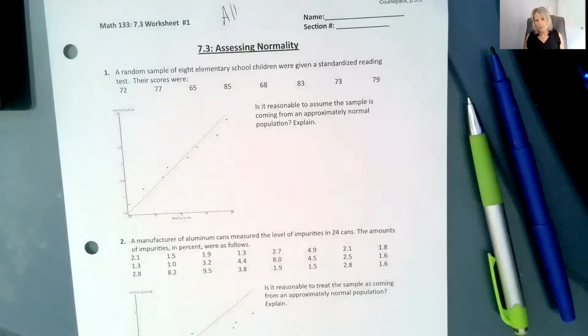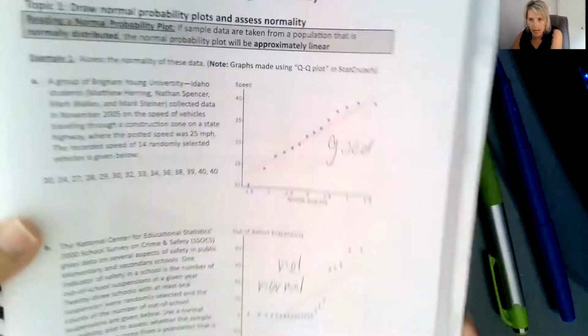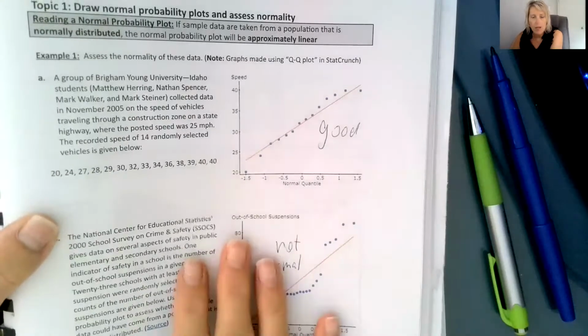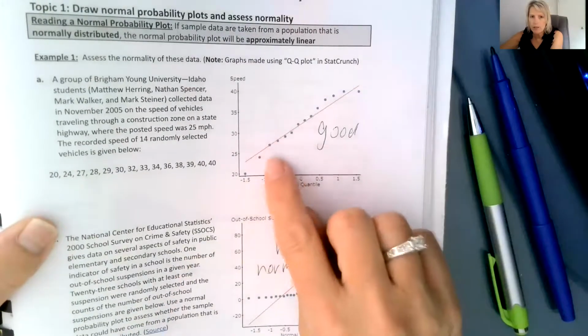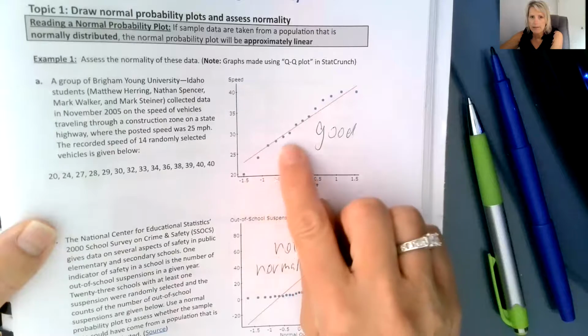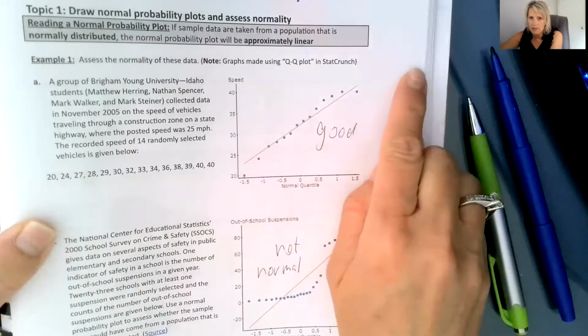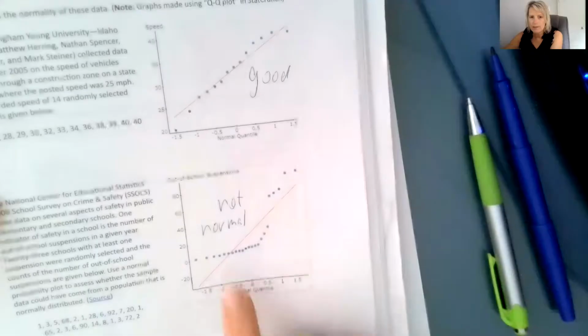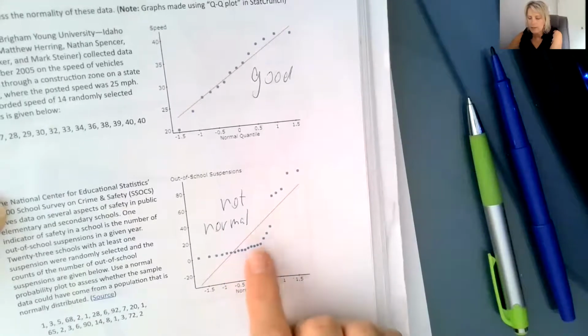If you need to assess normality, you're going to learn when you need to do this in chapter 8, actually. So if you have a small sample size, you're going to have to assess normality using a normal plot, and we will give you the plot, so you will never have to create it. What we want to do is make sure that our normal probability plot is approximately linear. So this one would be good. This one down here is not linear from your course pack.